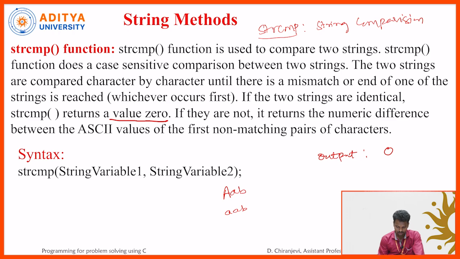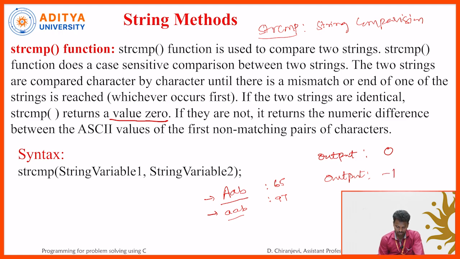In this case, the first string's first letter has ASCII value 65, and the other one has 97. If you see the difference, it will be negative. If the first string is capital and the second string is lowercase, the ASCII value difference is negative and the output will be -1.